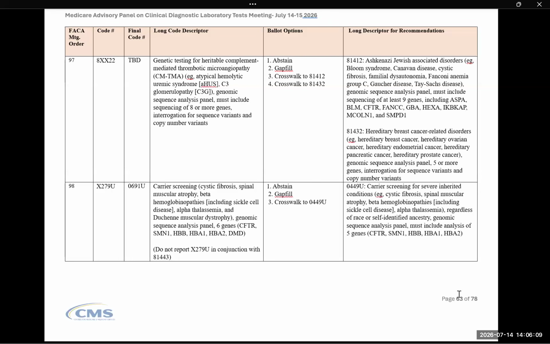The American Clinical Laboratory Association alternate is 81412, and it remains on the ballot. I recommend 81432 as a closer match on complexity and resources. Thank you. Do we have any questions from the panelists on this code or from CMS? All right, thank you, everybody. Panelists, please cast your votes.